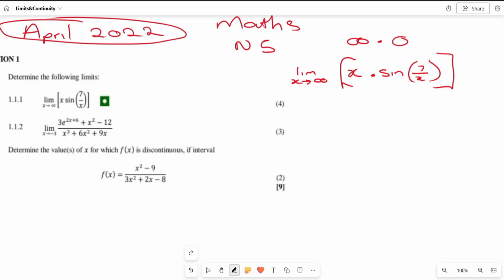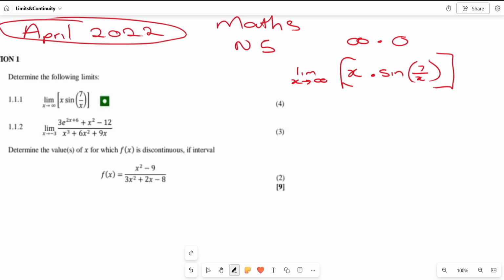Now we need to write this in a fractional form. It's either we write it like this, so we can use L'Hopital's rule, or we write it like this. Remember, multiplying with a big number is equivalent to dividing with a small number.